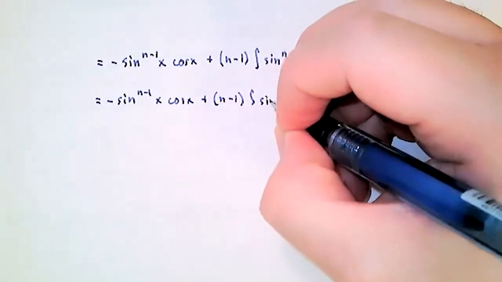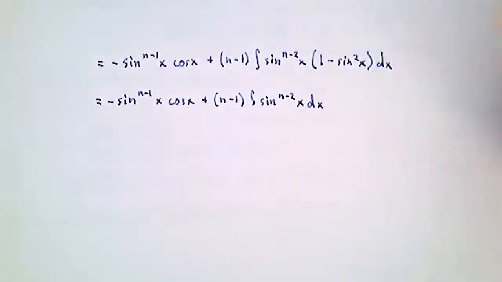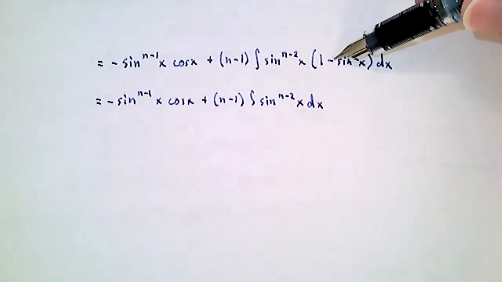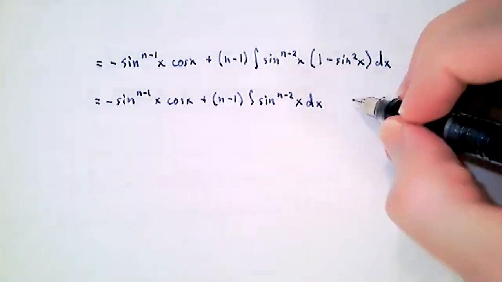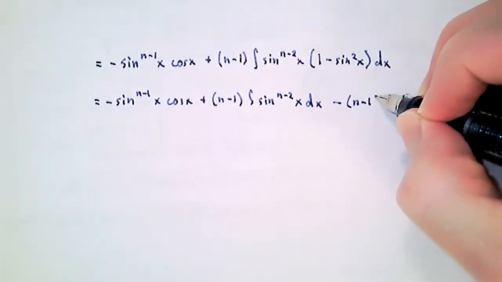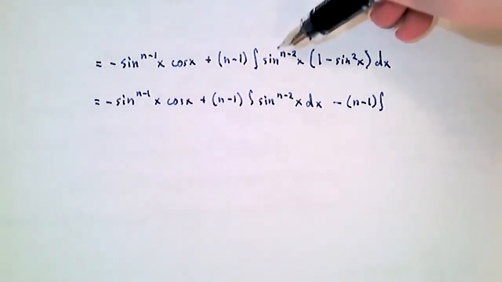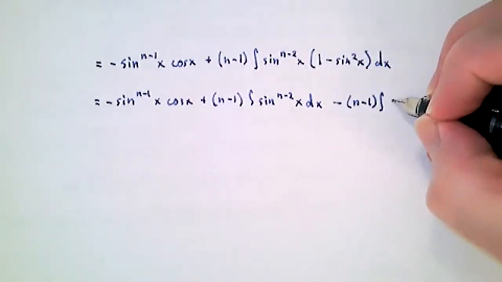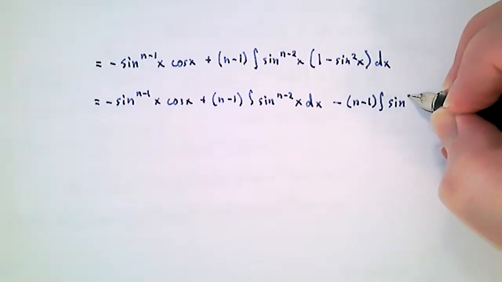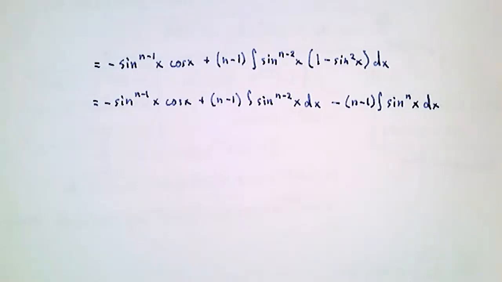So that's just the sine n minus 2 of x dx. And then we'll distribute across the minus sign. So we pick up a minus n minus 1. And then we'll add these powers of sine to those to get sine to the n of x dx.